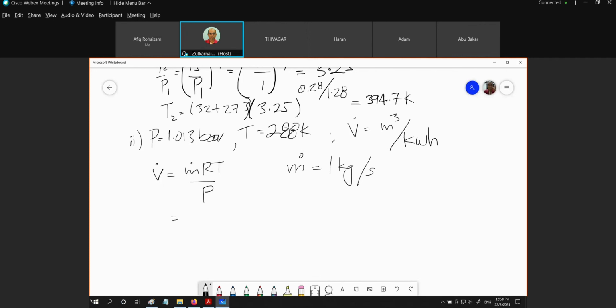This is 1 multiplied by R, 0.287, multiplied by T, which is 288, divided by P, which is 101.3.